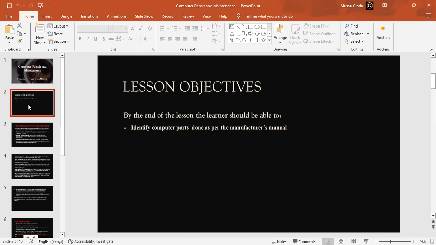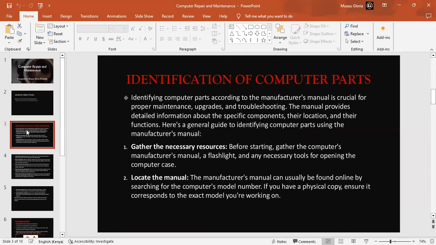Identification of computer parts according to the manufacturer's manual is crucial for proper maintenance, upgrades, and troubleshooting. The manual provides detailed information about the specific components, their location, and their functions. Here is a guide on how to identify computer parts using the manufacturer's manual.